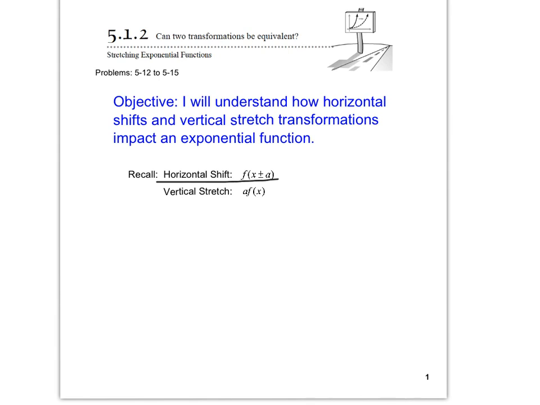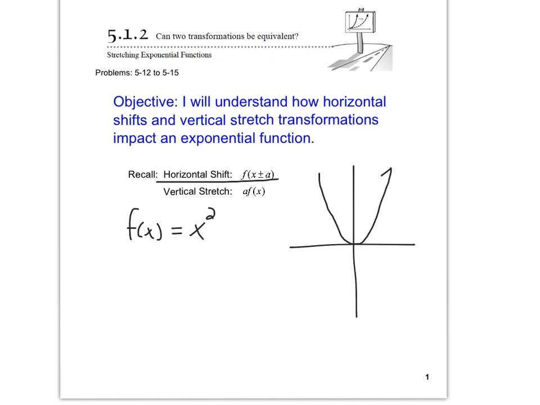If you think back to the work that you've done with transformations, if we take a function f of x, and if it's equal to x squared, a parabola, if I shift that x plus 2 units, that's actually going to shift it 2 units left.